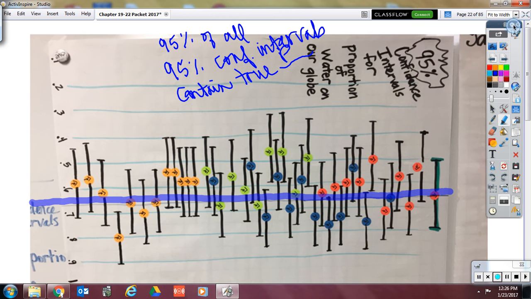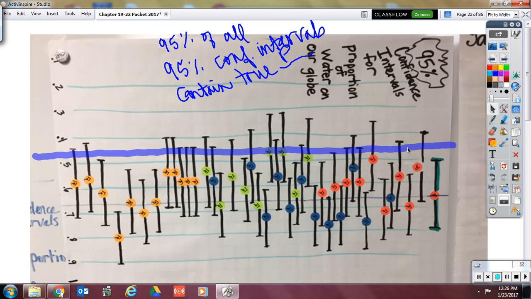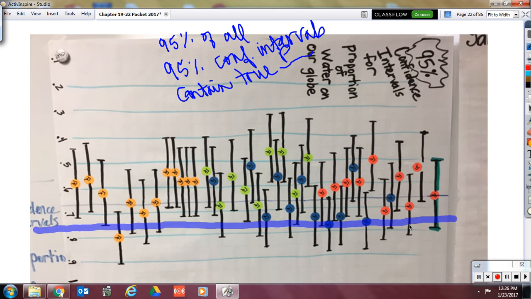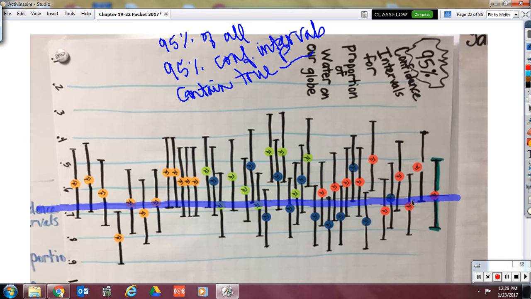The deal about this is that this line that represents true p does not move around. It is the answer and it stays put. It's all those other intervals that, because of sampling variability, are spread out around it.